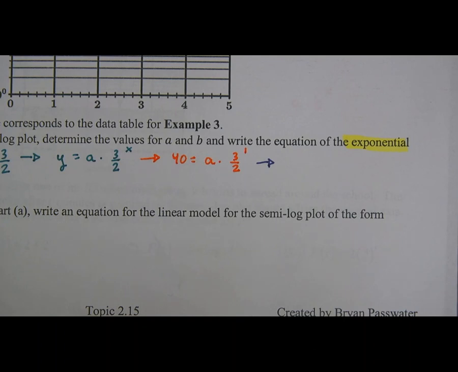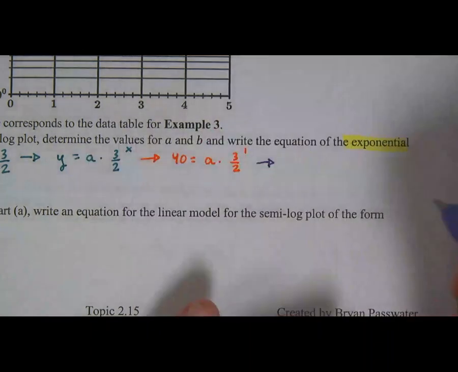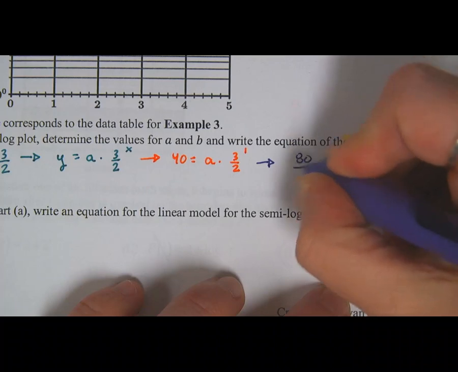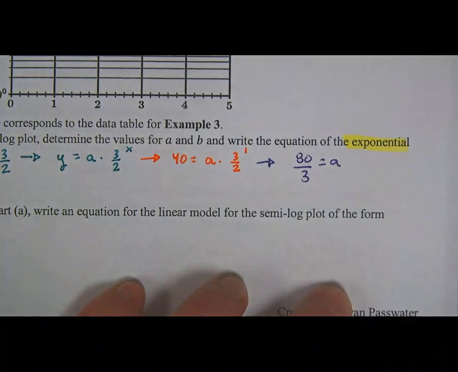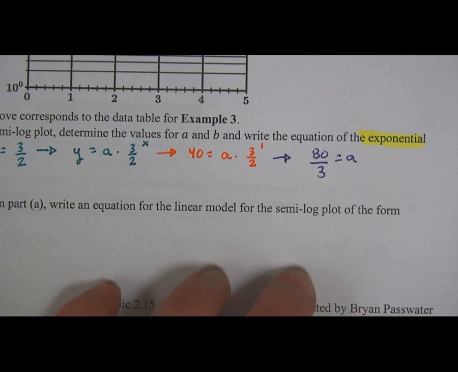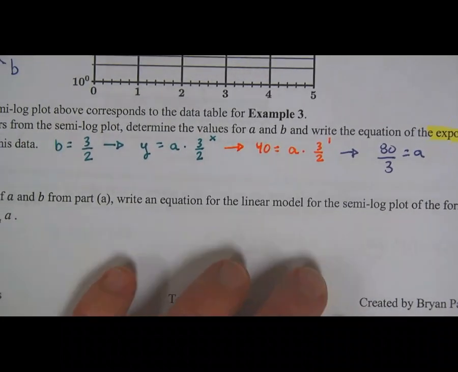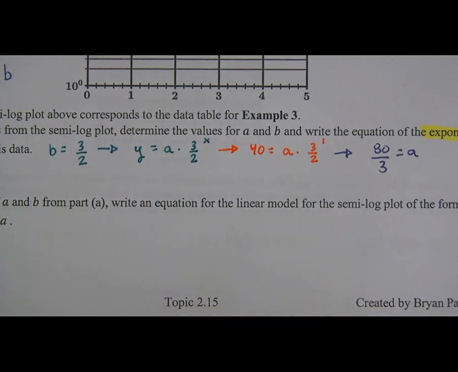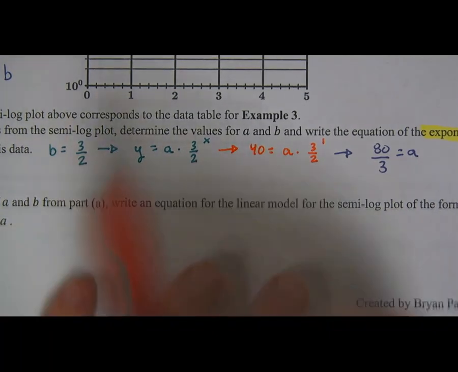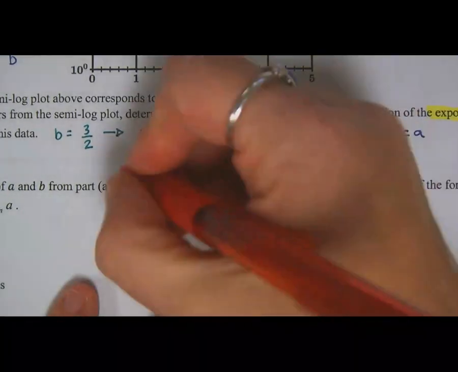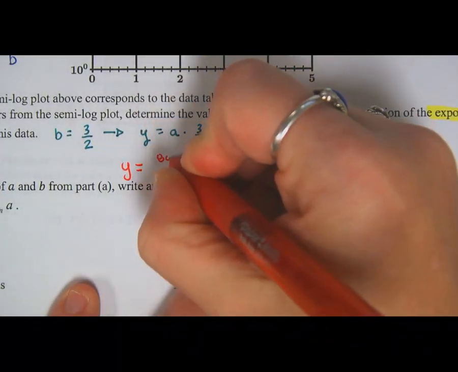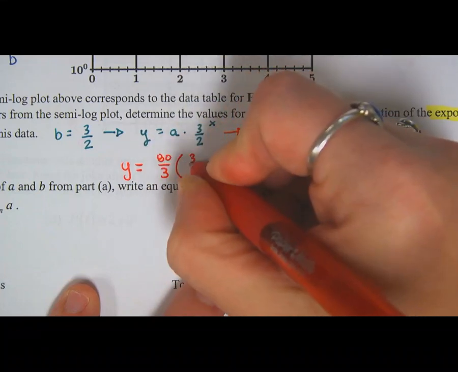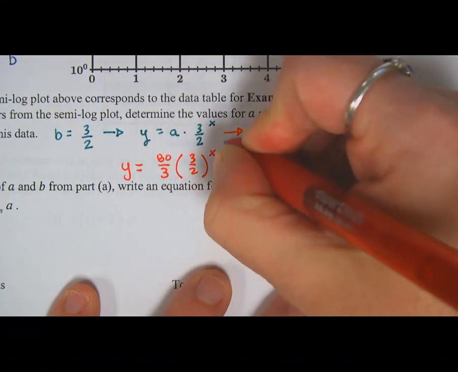What did your 8th or 9th grade teacher say? Multiply by the reciprocal, multiply both sides by 2/3. 40 times 2 is 80 thirds. Here's A. That wasn't terrible. So I'm ready to write the answer. The exponential model for this data is y equals 80 thirds times 3 halves to the x power.